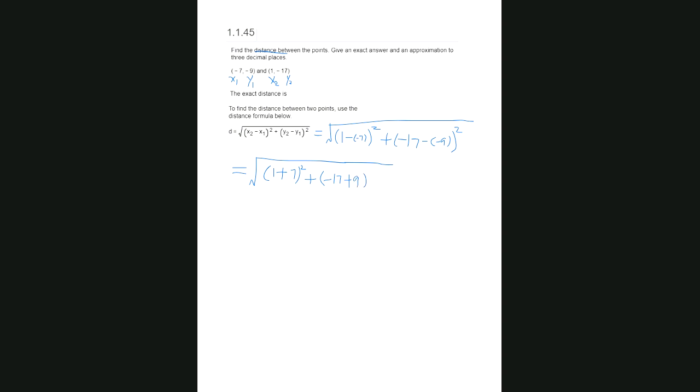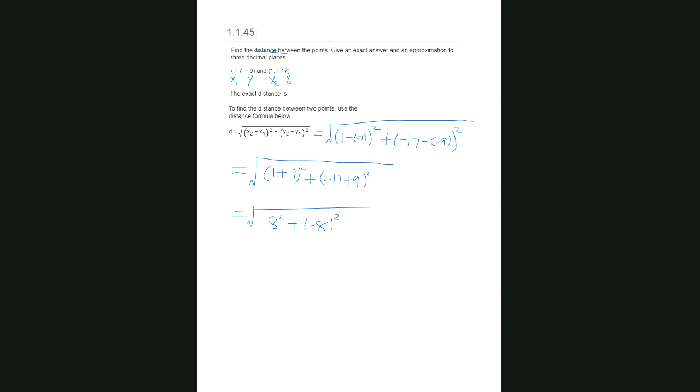Okay, all right. And then we're gonna go ahead and calculate this one right here. So this 1 plus 7 will be 8. So I have an 8 squared, right? And then -17 plus 9, this will be negative what? -8 squared.